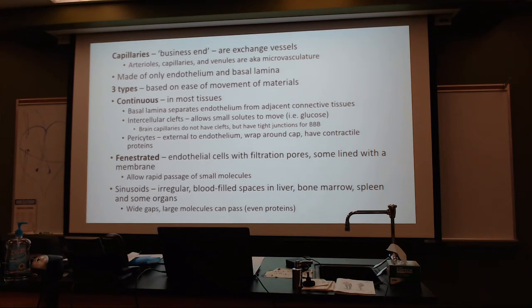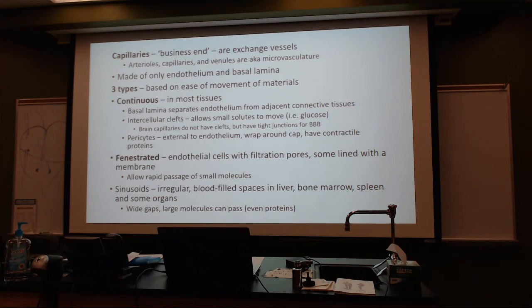Their cells will have tight junctions because of the blood-brain barrier. The rest of the body, the little clefts, will allow something to move. We'll have something called pericytes. Peri, around, okay?